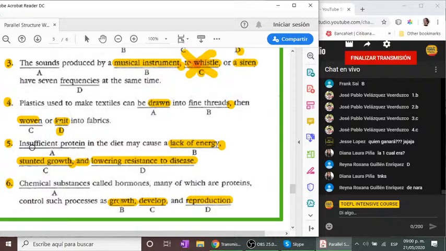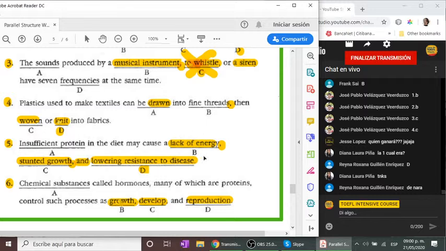Number 5, insufficient protein in the diet may cause a lack of energy, stunted growth, and lowering resistance to disease. Number D needs to go. Yeah, this is very obvious because it's totally different, right? It's so obvious there, but the other ones are not so obvious.